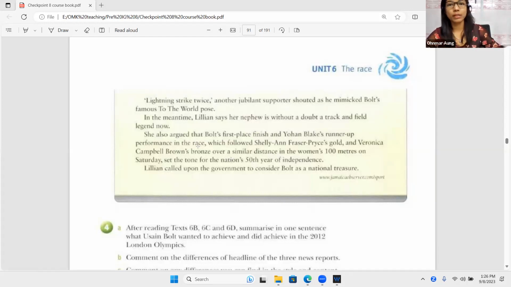She also argued that paragraph. First place finish. Yes, correct. First place finish. The other one. One is found.